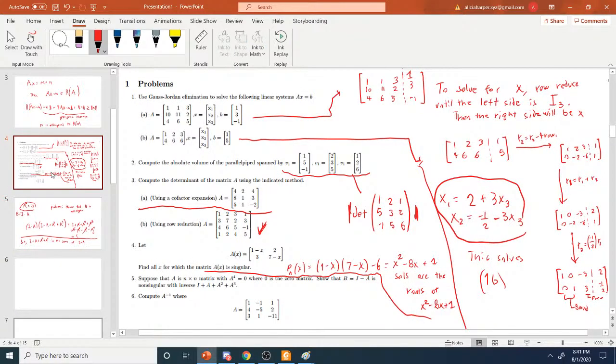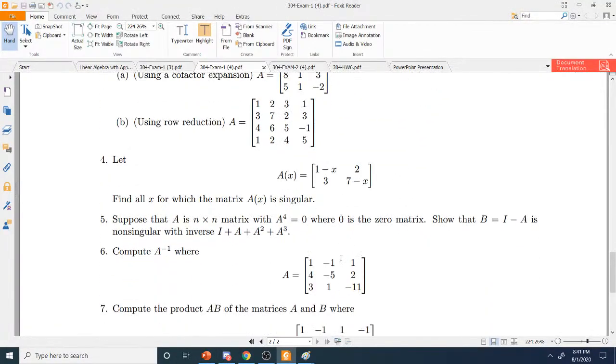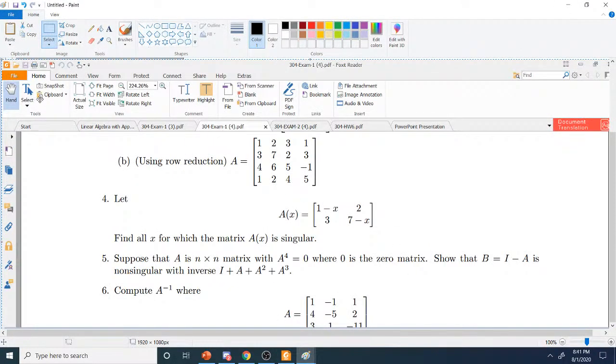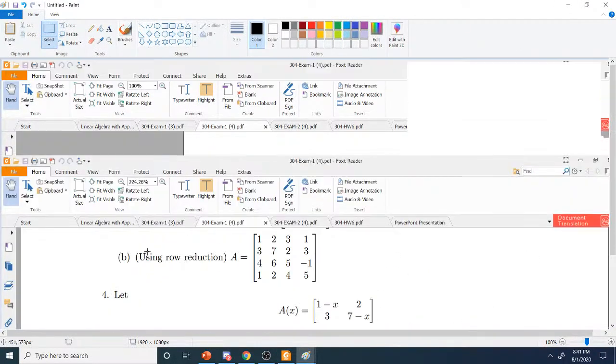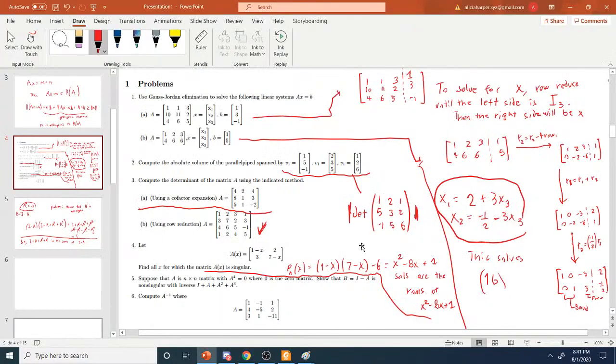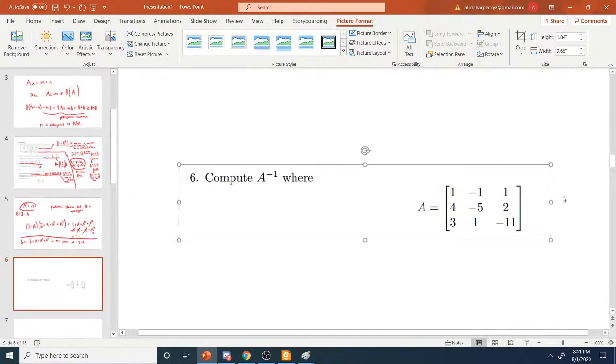And then finally, I will do the last part of this problem, or the last problem, A inverse. So there is the smart way and the dumb way to do this. Actually, I don't think either of them.